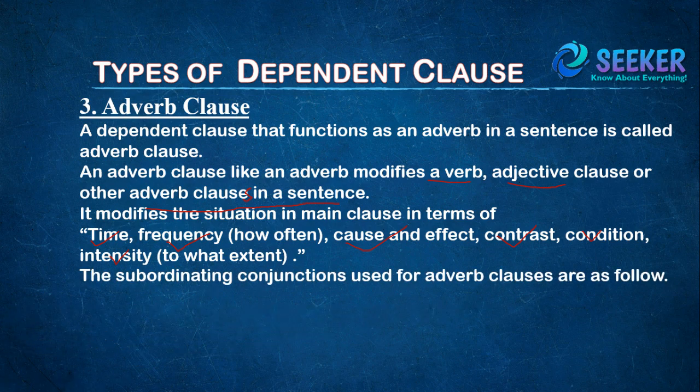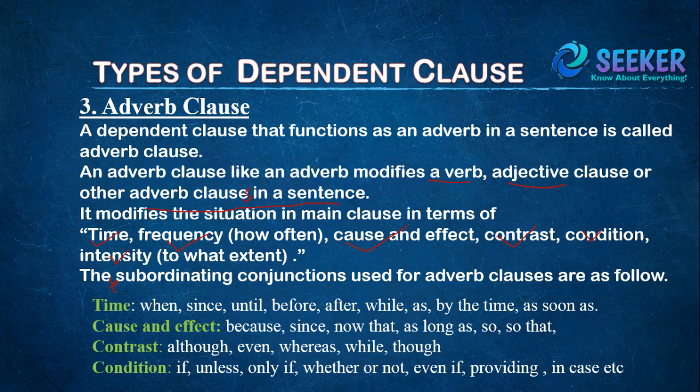These subordinating conjunctions used for adverb clauses can be given as follows. So, time denotes when, since, until, up to, and so on, and cause and effect are also given, as well as while.